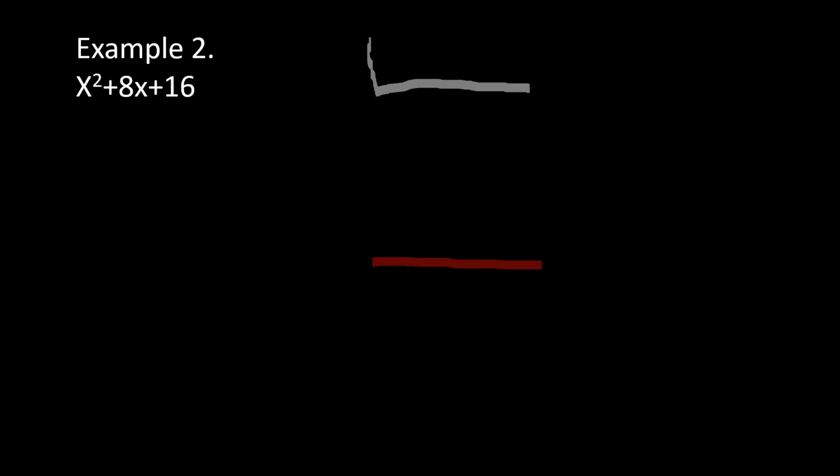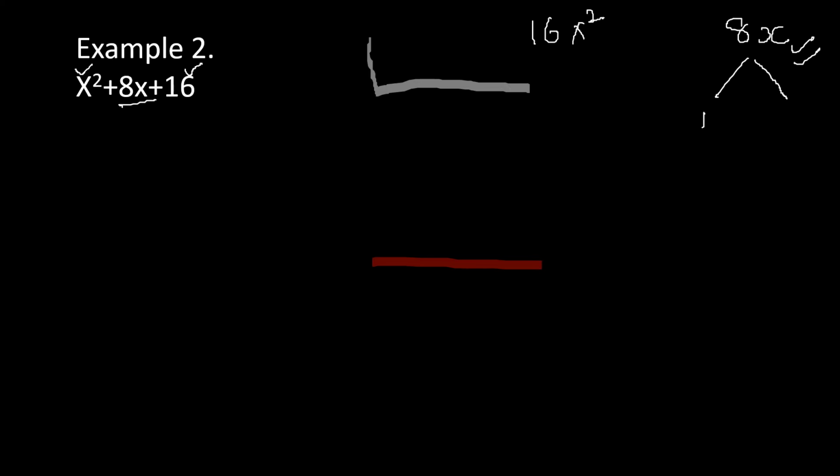Let's take another simple example. The first step is to write the middle term in your rough work. Then choose two terms of 8x so that their sum should be equal to 8x and product should be equal to the product of the first and last term, that is 16x square here.